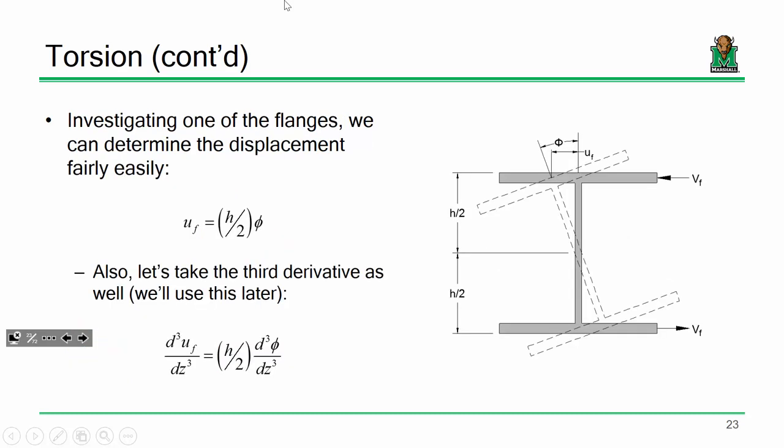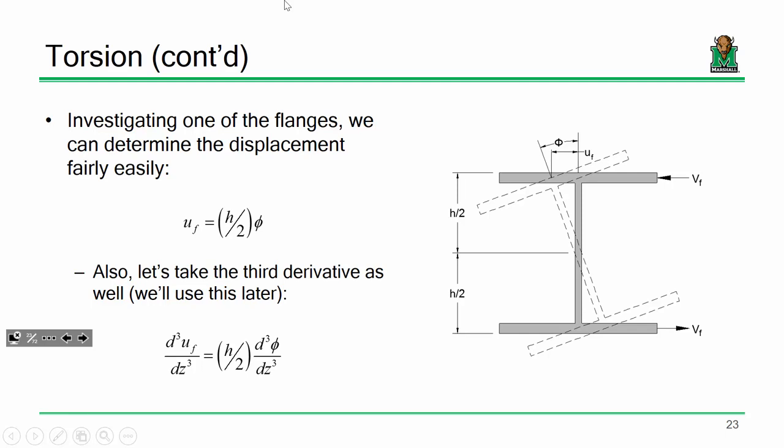So, if we investigate one of these flanges and say afterwards it's deformed some amount, if it's deformed a little bit like this, I've got this angle of twist, I can use a little bit of similar triangles, and I can determine that that deformation is h over 2 times that angle. Sound good?